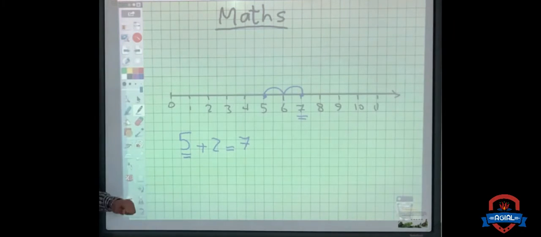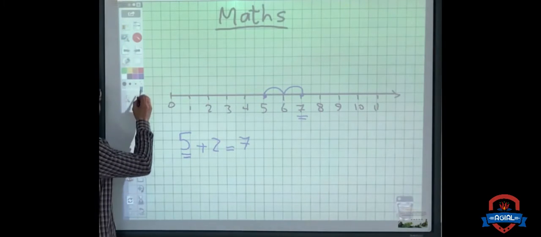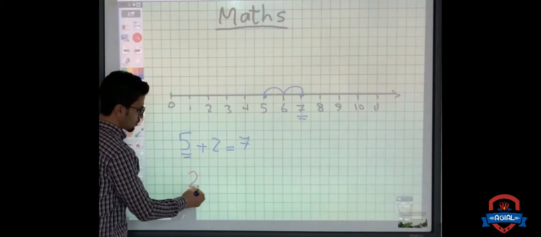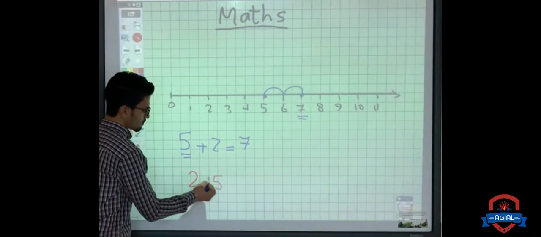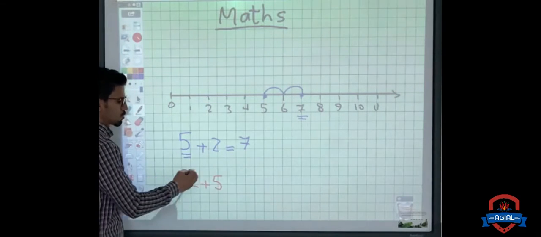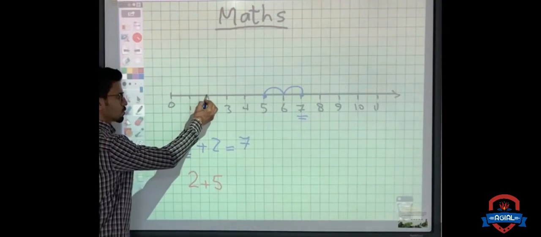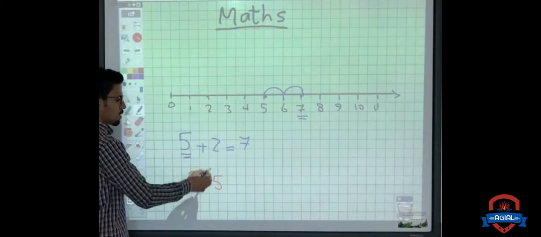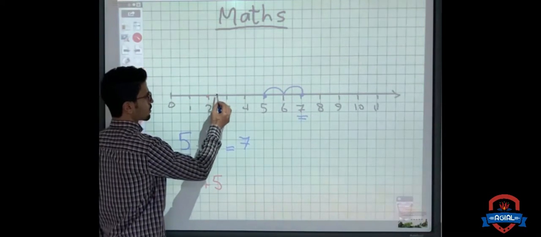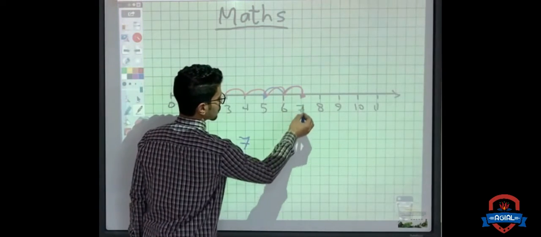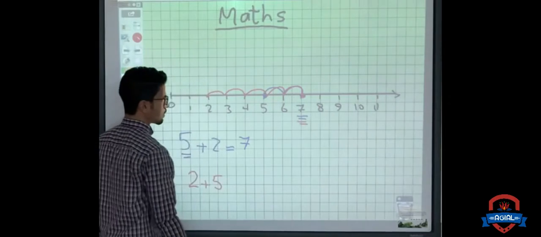And by another way, we can use the commutative property of addition, that we say 2 plus 5. If we need to add 2 plus 5, we start from 0, then we go to 2, then we add 5: 1, 2, 3, 4, 5, so 2 plus 5 also equals 7.